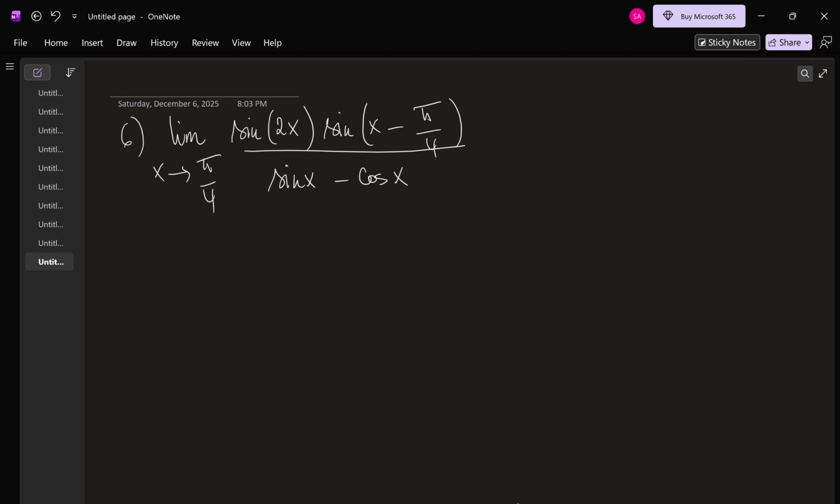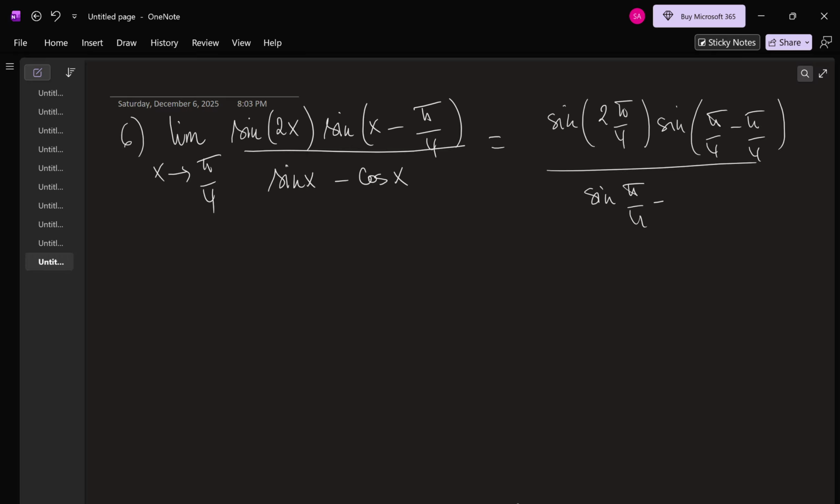So this is not easy, because when we substitute, it will give me sine 2 pi over 4 times sine of pi over 4 minus pi over 4, over sine pi over 4 minus cosine pi over 4.